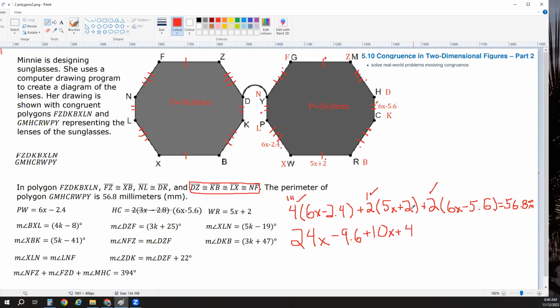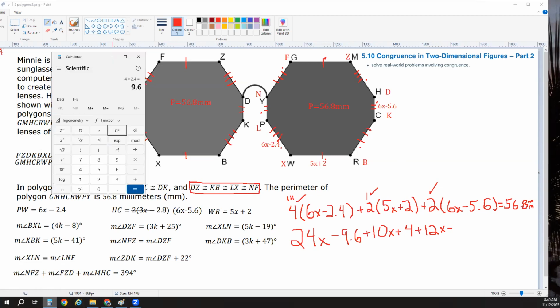Okay, and then I'm going to go over my next binomial. Positive 2 times 6x is 12x. And then positive 2 times negative something is going to be negative. So negative 2 times, calculator up. It's going to be like 11.2 or something.